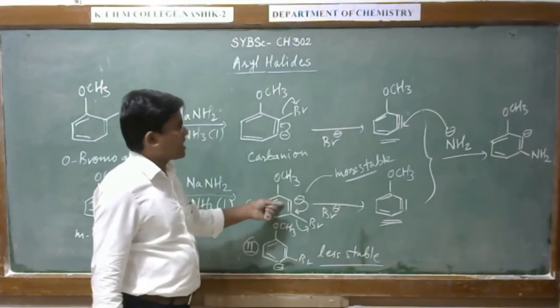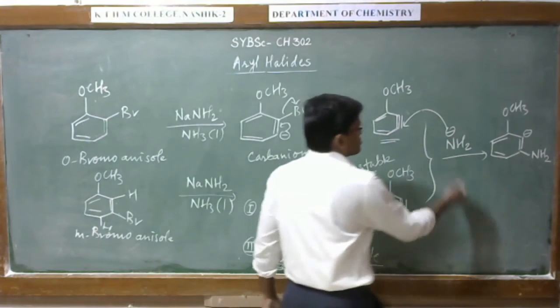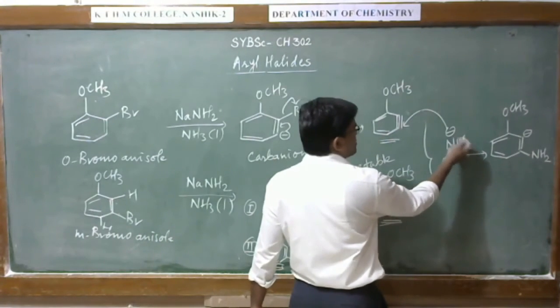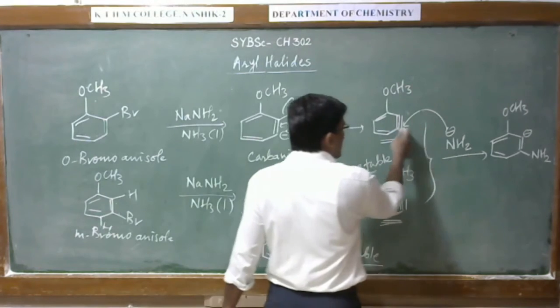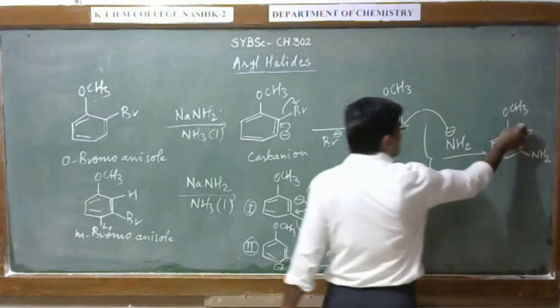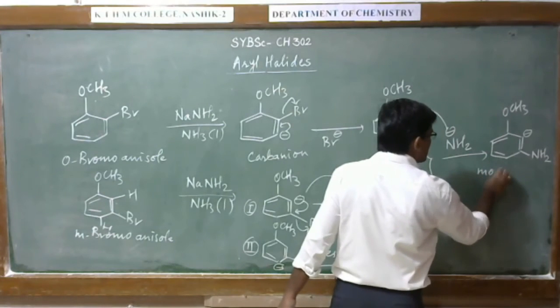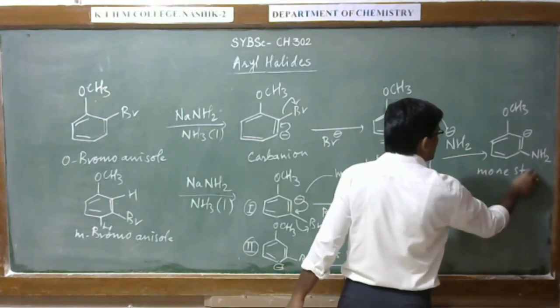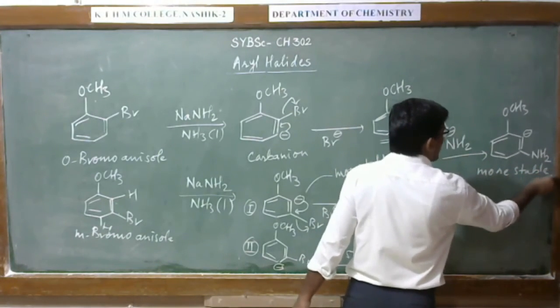So in this case also, this NH2 negative ion will attack at this carbon so as to generate the more stable carbanion.